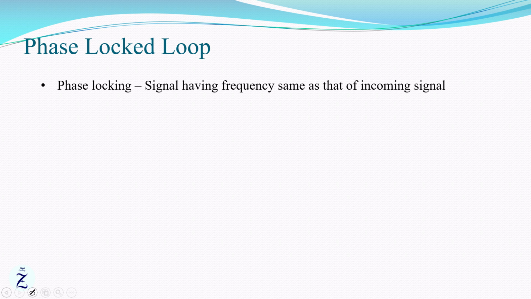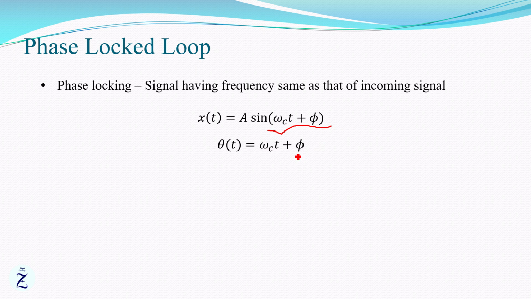Suppose we have a signal A sin(ωct + φ). Here this term is the phase, and this can be a time varying function or not. So this is the phase, and we want to lock this overall phase, that is the aim of a PLL circuit.